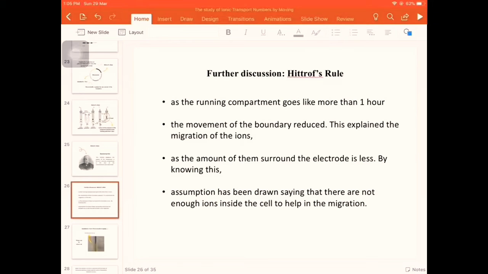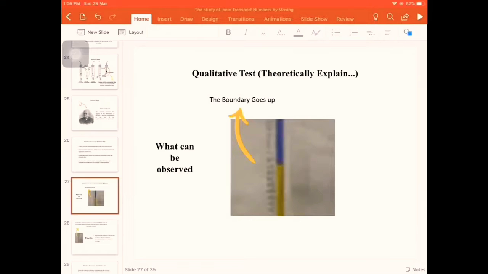We can explain why the boundary travels more slowly: more ions have been used, and no more ions are going to be in the process of diffusion anymore. As the amount surrounding the electrode is less, I make an assumption that there are not enough ions inside the cell to help the migration. And this is the qualitative test, which I theoretically explain.